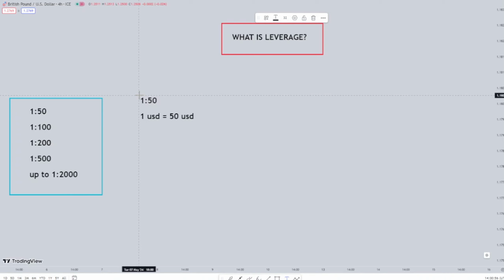Do you understand? Same goes for leverage 1:100. Every $1 in funds is viewed as $100. So basically, it's your deposits times the leverage you selected.